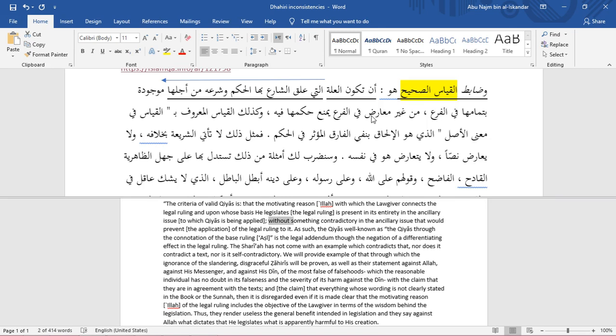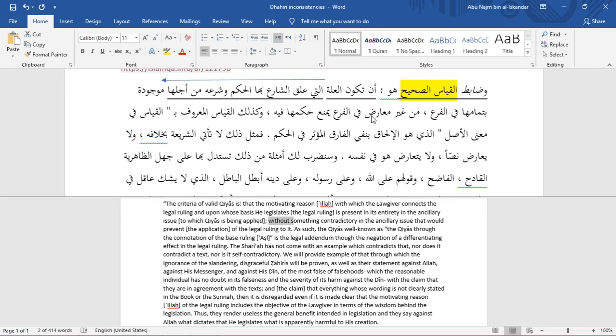The asl would be the original mas'ala, the original scenario in which we have the legal ruling from Allah or His Messenger sallallahu alaihi wasallam. That's the asl. And in that asl we have the illa, which is the reason that the legal ruling was legislated, the basis for that legal ruling.